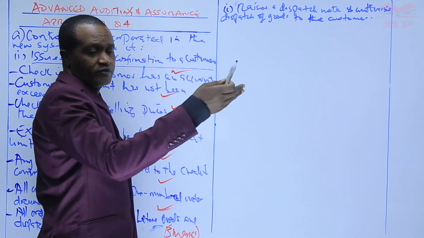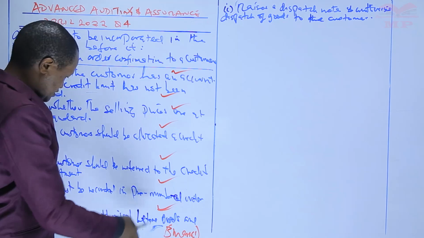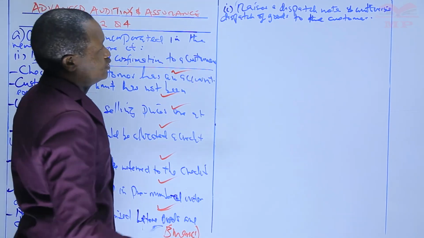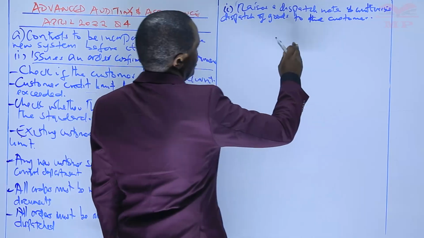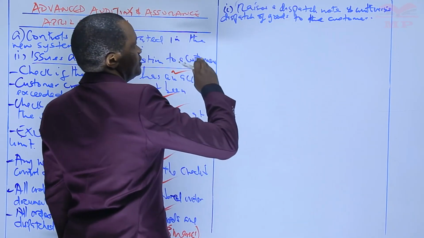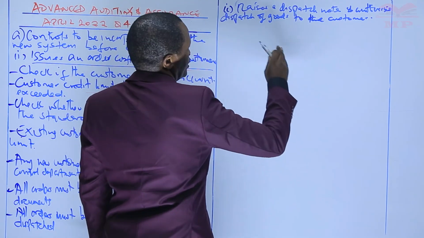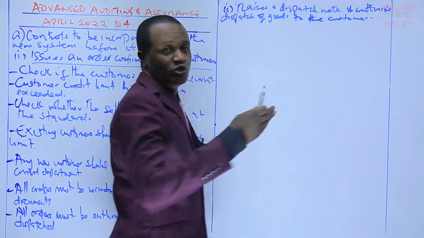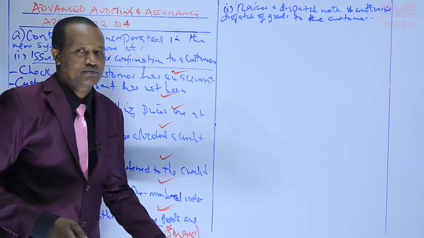You see the process from ordering, then after processing the order, we are moving to dispatch. Before the goods are dispatched and authorized to be sent to the customer, what are the controls that ought to be put in place?